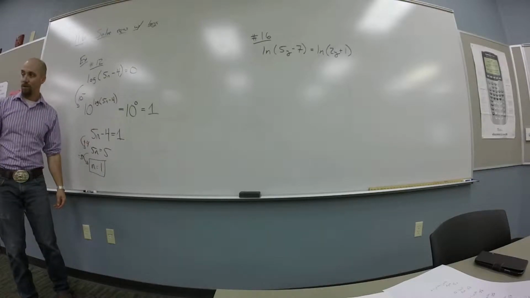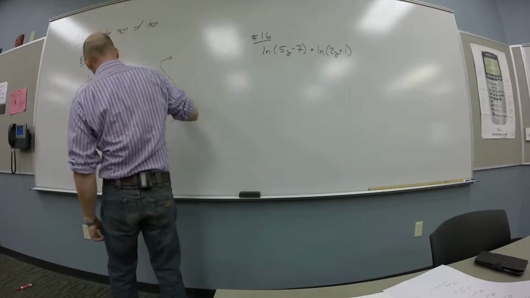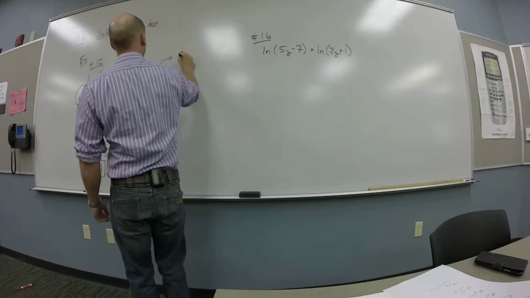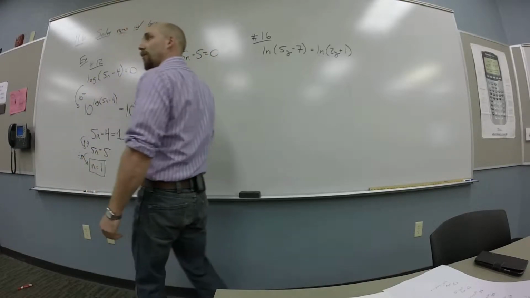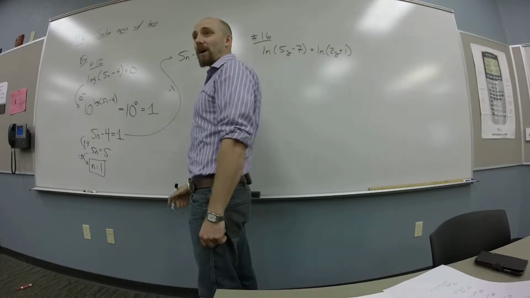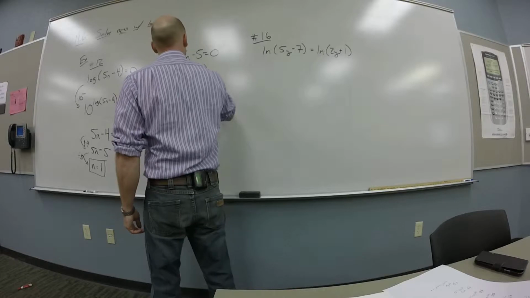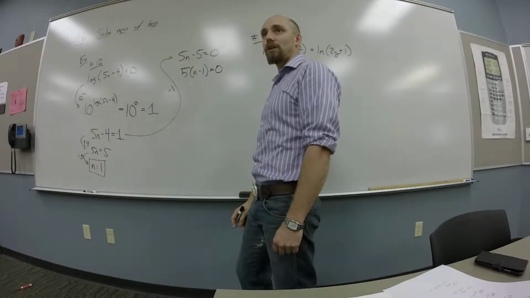Okay, so alternatively, we could subtract 1 from both sides at this stage. So we'll get 5n minus 5 is 0. And then we could factor a 5 out. So we'd get 5 times n minus 1 is 0.